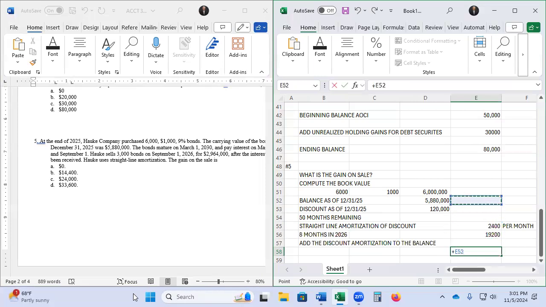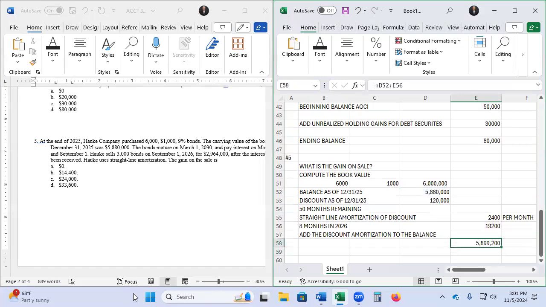And so we have the 5.88 million plus the 19,200 gives us 5,899,200 at September 1, 26.